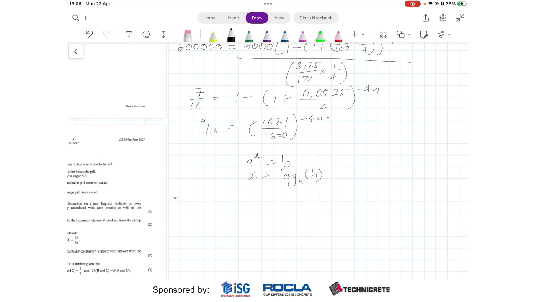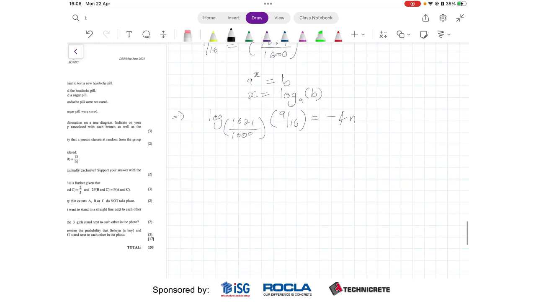Using this rule, minus 4n is equal to log base 1621 over 1600 of 9 over 16.